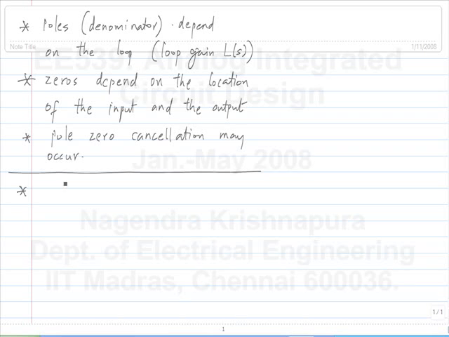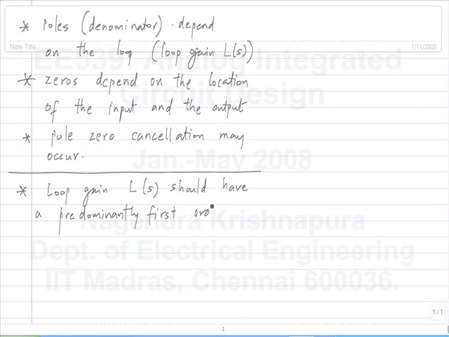And for a stable feedback system, the loop gain L of S should have a predominantly first order behavior. Okay.